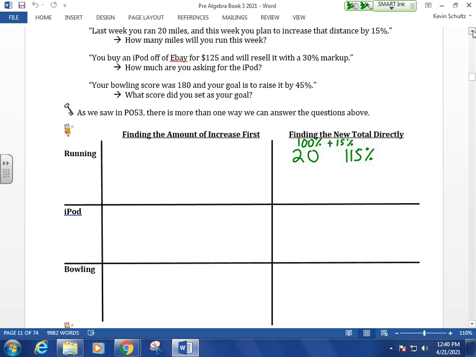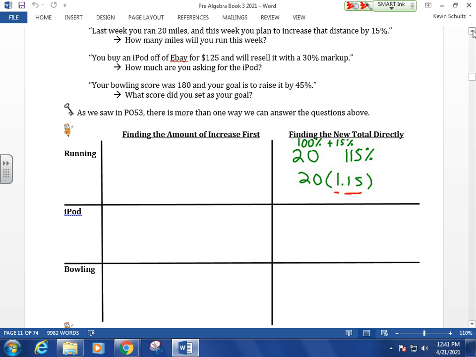So here's where we think about our conversion techniques for converting percentages to decimals. We're going to take that original value, 20, and multiply it by 115%, which written as a decimal is 1.15. Mathematically, what this does is that one whole gives us the original 20. And then the 0.15, our 15% we're increasing it by, is going to increase it by that amount.